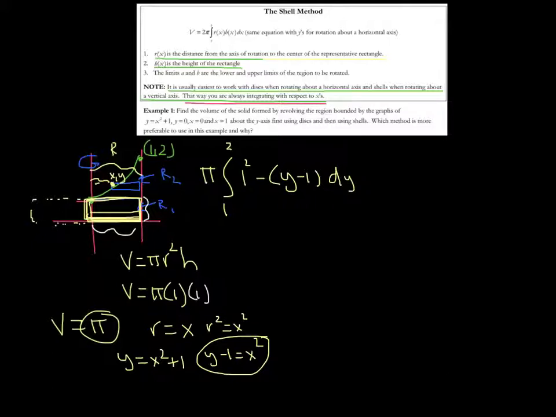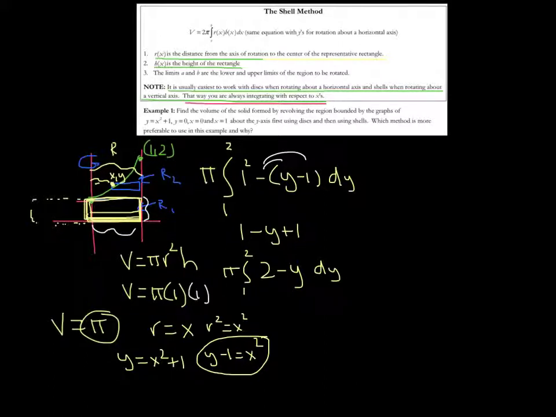And so now, if we clean this up a little bit, we distribute this negative sign in here, and we end up getting 1 minus y plus 1, so 2 minus y from 1 to 2 with a pi out front, dy.